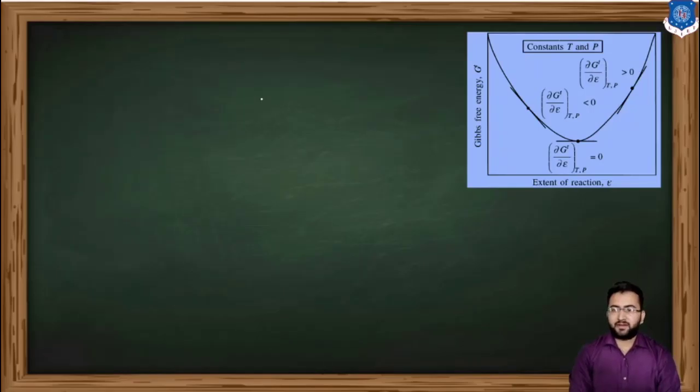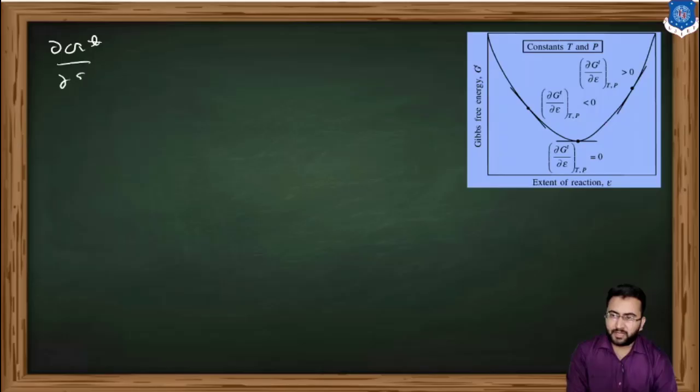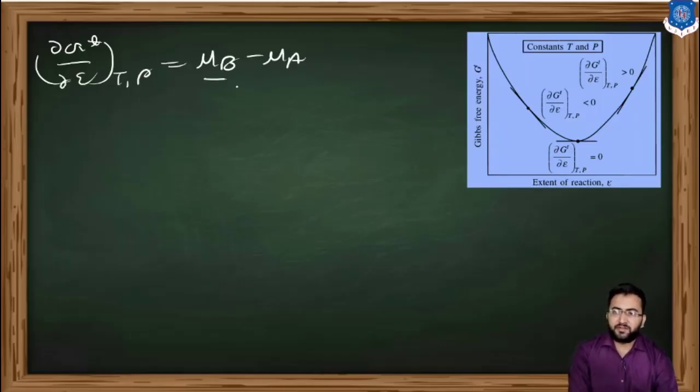So let's again write this equation: del Gt upon del epsilon at constant temperature and pressure is equal to mu B minus mu A. This is the chemical potential of component B and this is the chemical potential of component A. Component A is our reactant, whereas component B is our product.